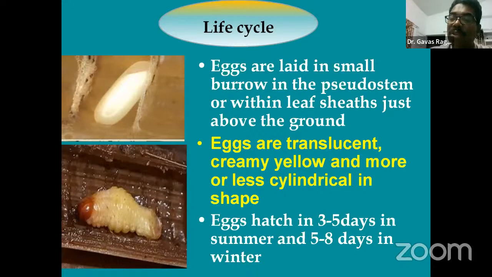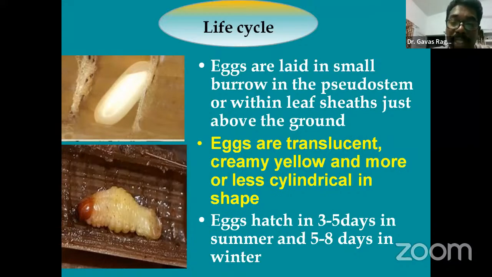Coming to the life cycle of the pest, the adult weevils, after mating, lay eggs in small burrows in the pseudostem with the help of the ovipositor. The weevil, as the name itself shows, has a protruded snout in the front.